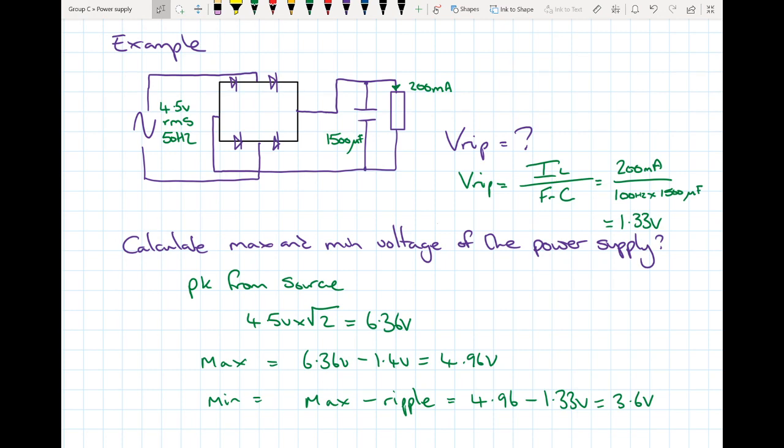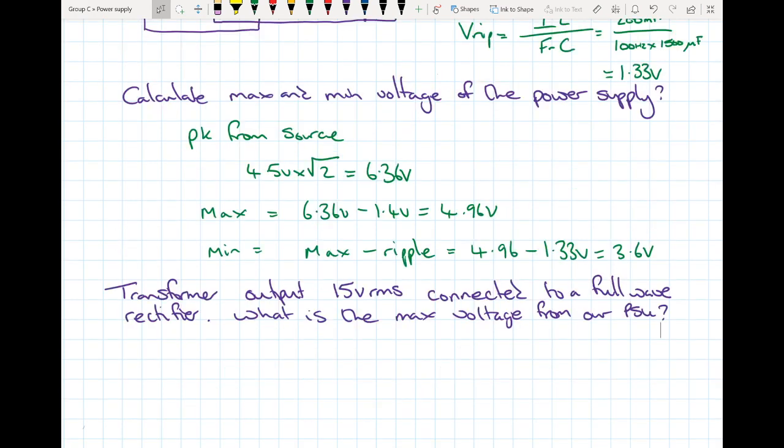Okay, right, one last example then. Okay, so 15 volts RMS, full wave rectifier again. I think a lot of people like full wave rectifiers. So our peak voltage equals our voltage RMS times by root 2, which is 15 times by root 2 equals 21.2 volts.